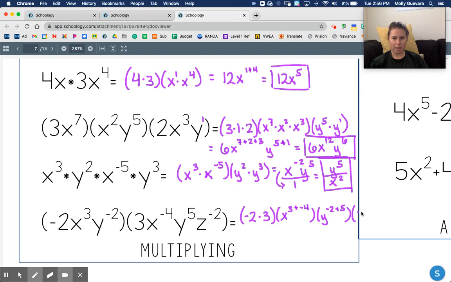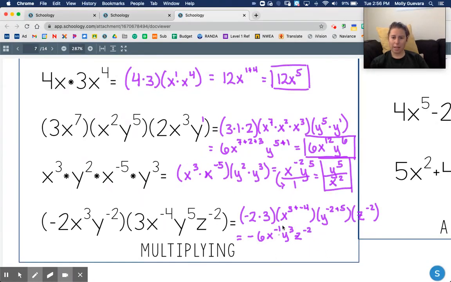And then z to the negative 2. Okay, so this gets me negative 6, x to the negative 1, y to the third, and z to the negative 2.